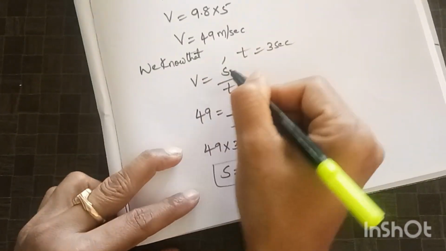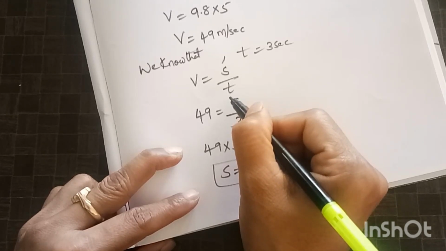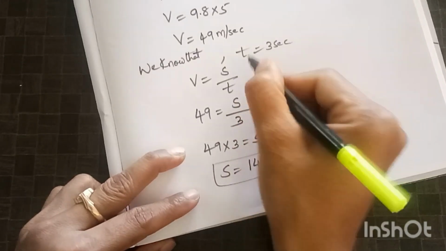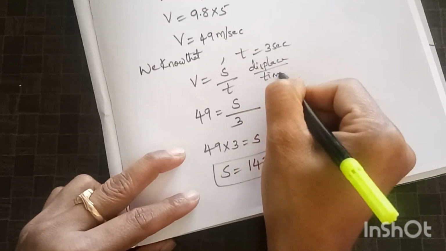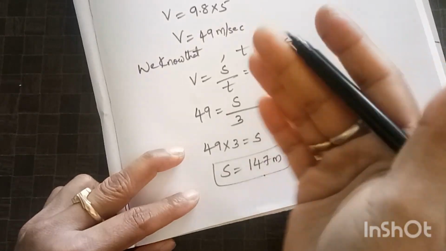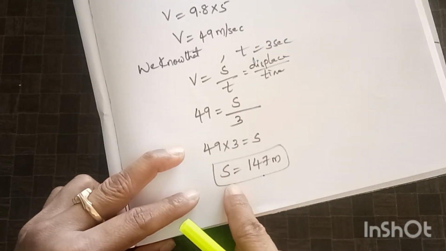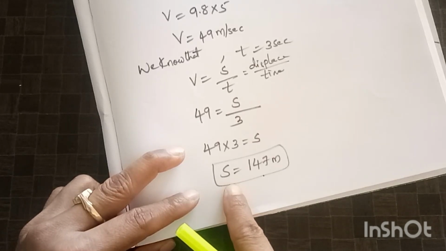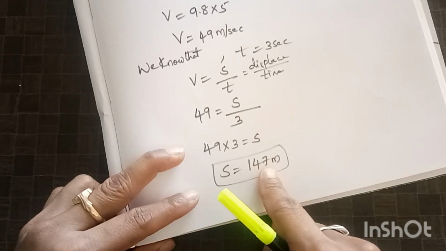Velocity equals displacement by time. The height traveled by the object can be considered as distance or displacement. So after acceleration due to gravity has ceased, for the next 3 seconds of time, the distance it has traveled is 147 meters.